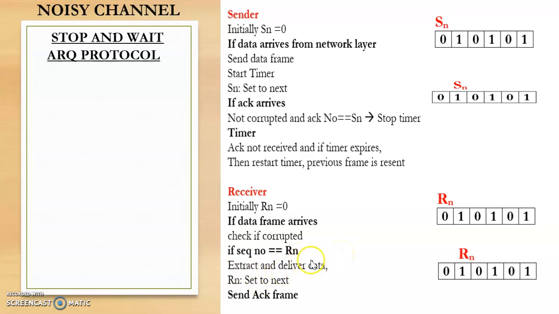Then after delivering the data, Rn will be set to the next acknowledgement number. Initially Rn value was 0, so after delivering the data, Rn will be set to 1. Also, the receiver will send an acknowledgement frame to the sender. So these are the main points of the algorithm at the sender and the receiver side.